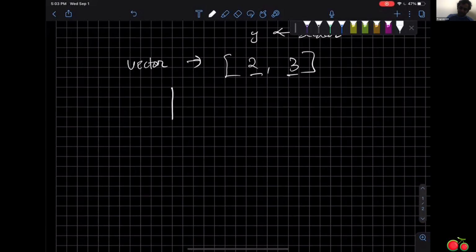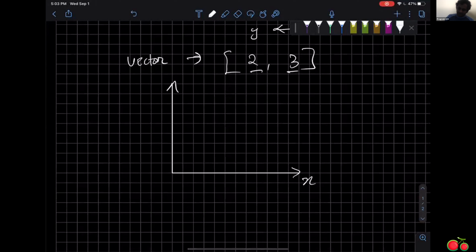So if I take an x and y axis, okay. Suppose this is my x-axis, this is my y-axis, and this is 1, 2, 3, 4, 5. 1, 2, 3, 4, 5. So let's make these numbers a little bigger.